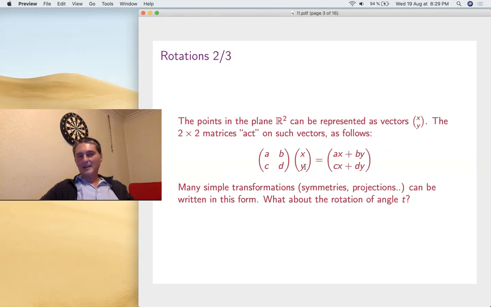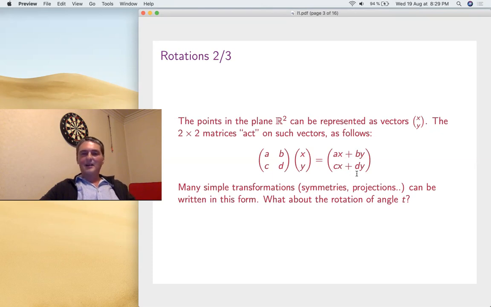I mean, you take (x, y), you're just throwing some coefficients here. You take a linear combination of x and y, let's call it ax plus by. And on the bottom, I throw in another combination, cx plus dy. So you see, every time I have four numbers a, b, c, d, I have a transformation of the plane. Every (x, y) goes to this guy here.